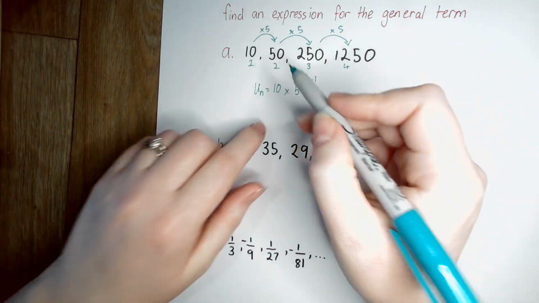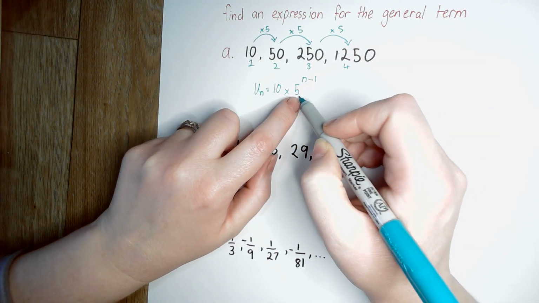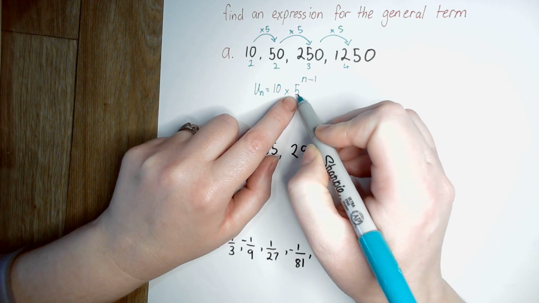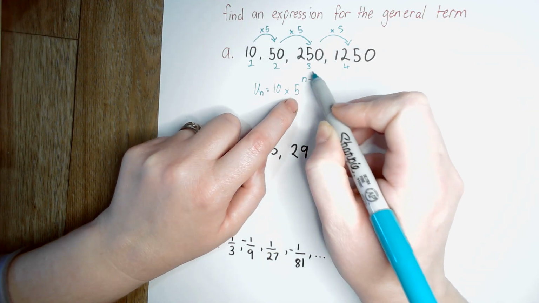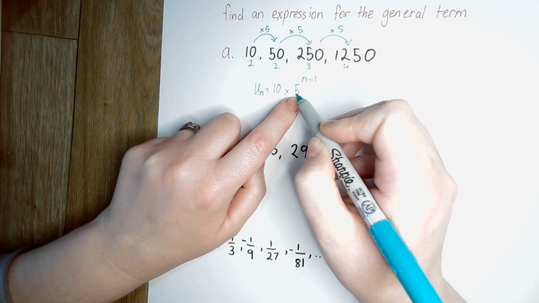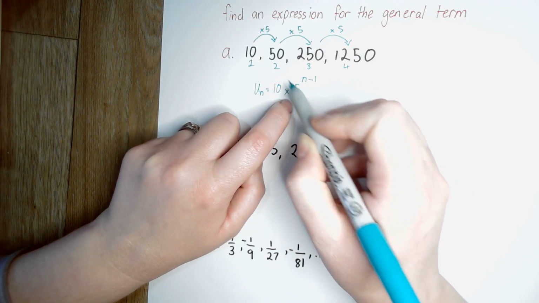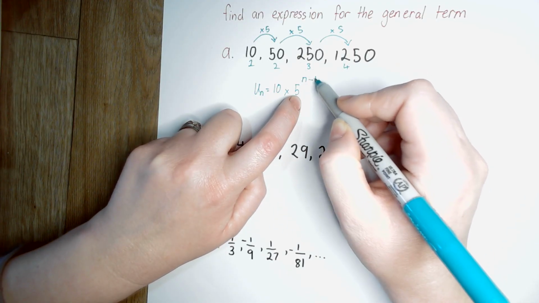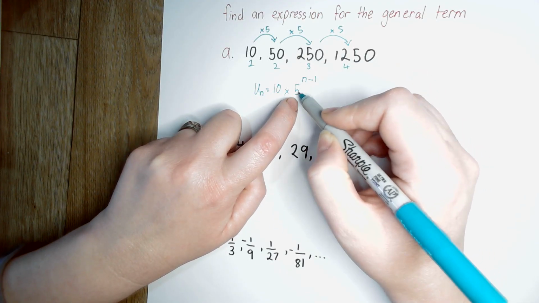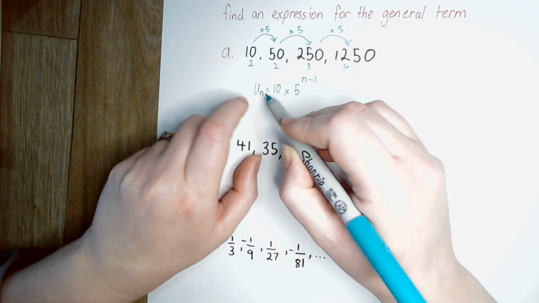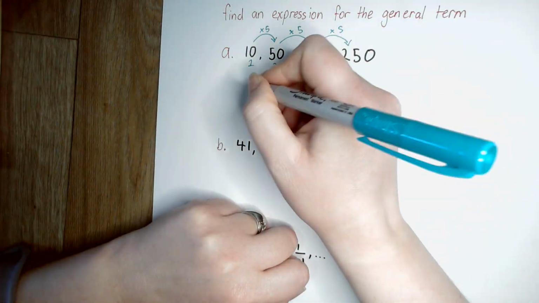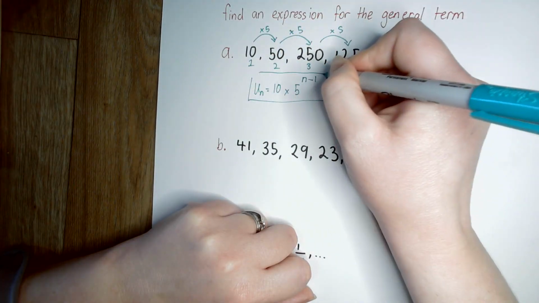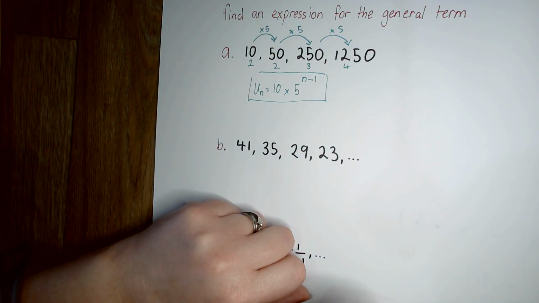So in our second place value, we'll start with this bit because order of operations. 5 to the power of 2 minus 1 would be 1. So 5 to the power of 1 is 5. 10 times 5 is 50. So that works. Third place value, n minus 1 would be 2. 5 squared is 25. 10 times 25 is 250. So our general term works here.